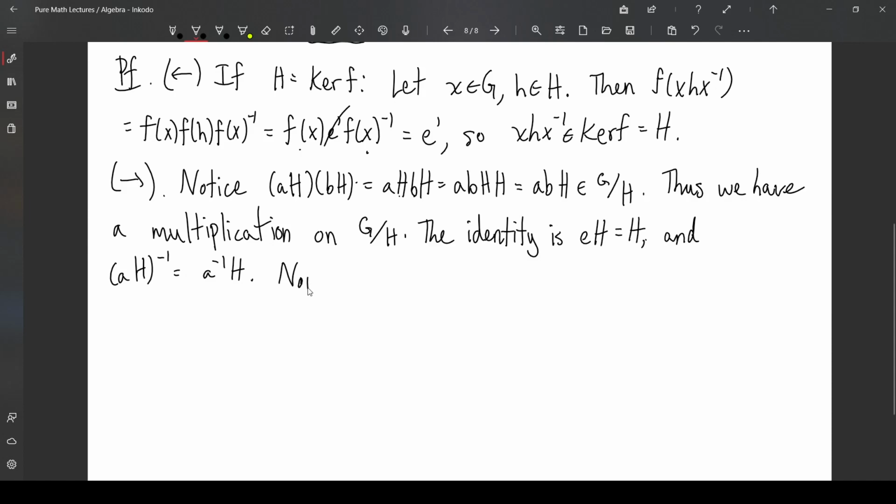Now let f be a function from G to this, now what we know as a group, this quotient, and this is going to be called a quotient group. And the way we're going to define this function is we're going to send a group element to the coset of that element.